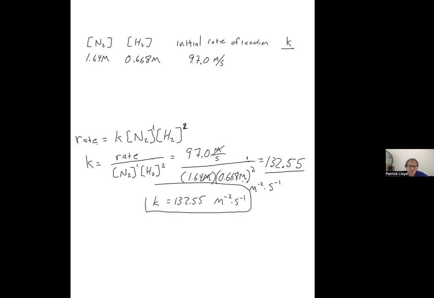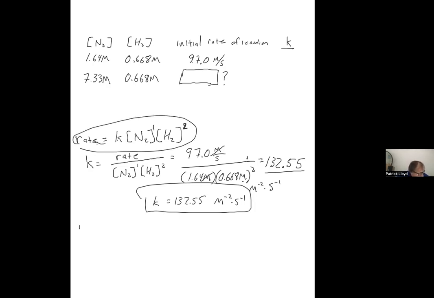Now, the key to this is that once you've got the value of the rate constant, you can do the other two parts. So in the second part, we're told that the concentration of N2 is 7.33 molar. The concentration of H2 is the same, 0.668 molar. And we want to know what the initial rate is. Well, we'll come back to this equation right here.